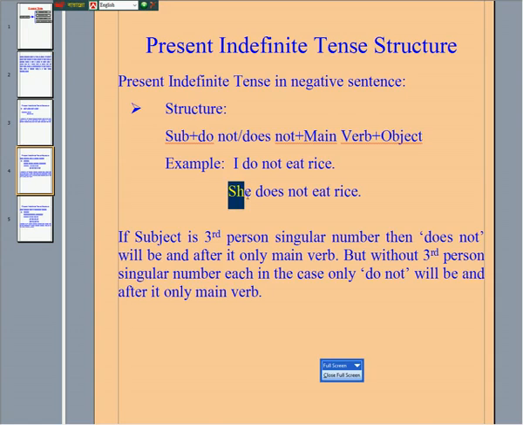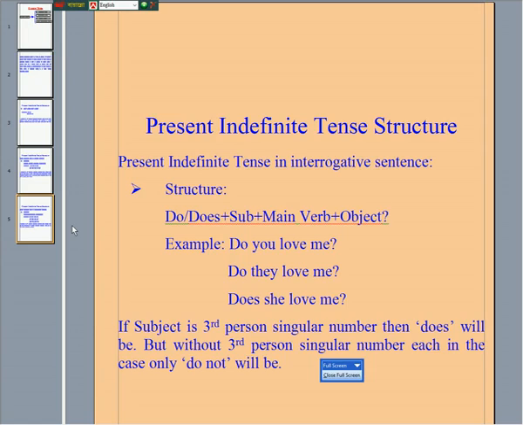This is third person singular number, for that does not is added. But without third person singular number, only do not will be used, and after it only the main verb.